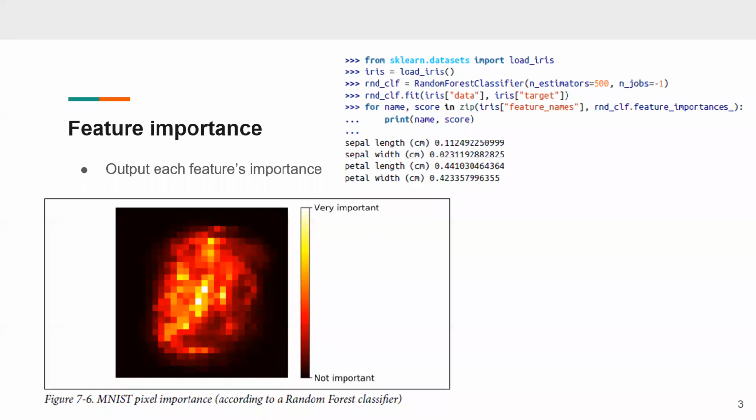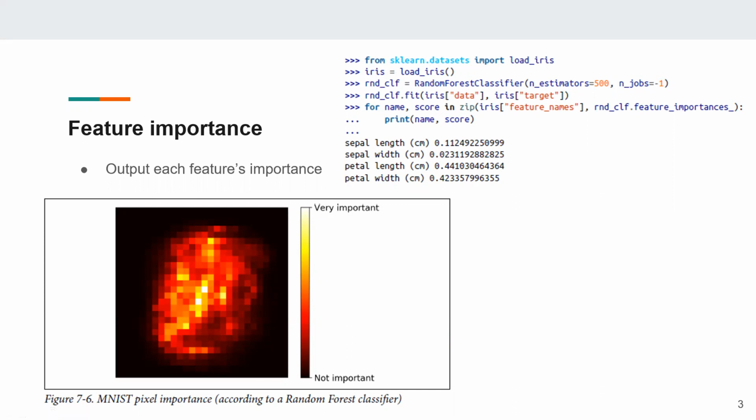Let's take a look at this example. Recall that for the MNIST dataset, we studied the pixel importance, right? We mentioned that in this graph, for all the handwritten numbers, the brighter area is more important, just because the majority of handwriting turns out to be in the center of the image.